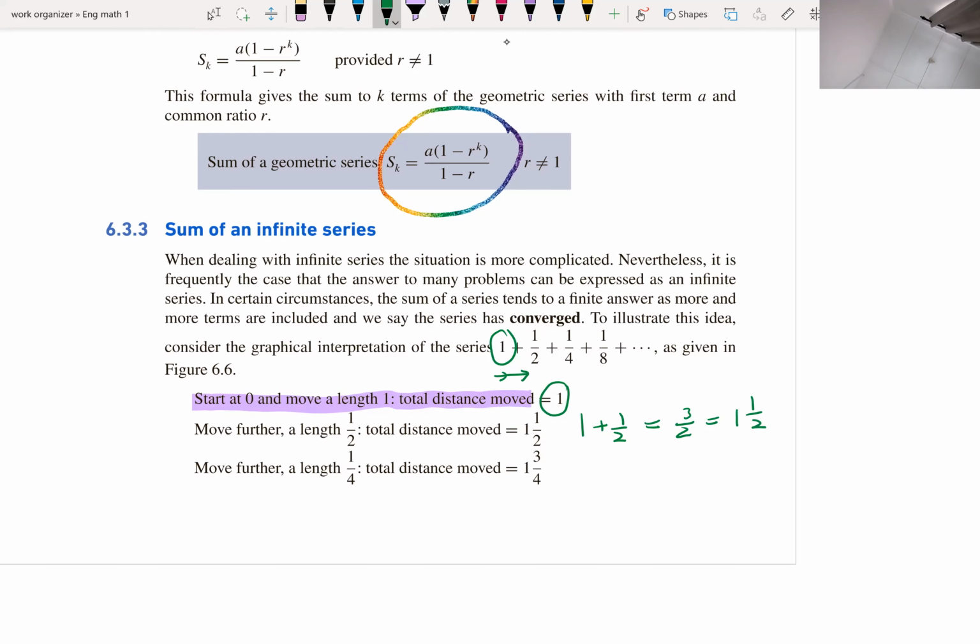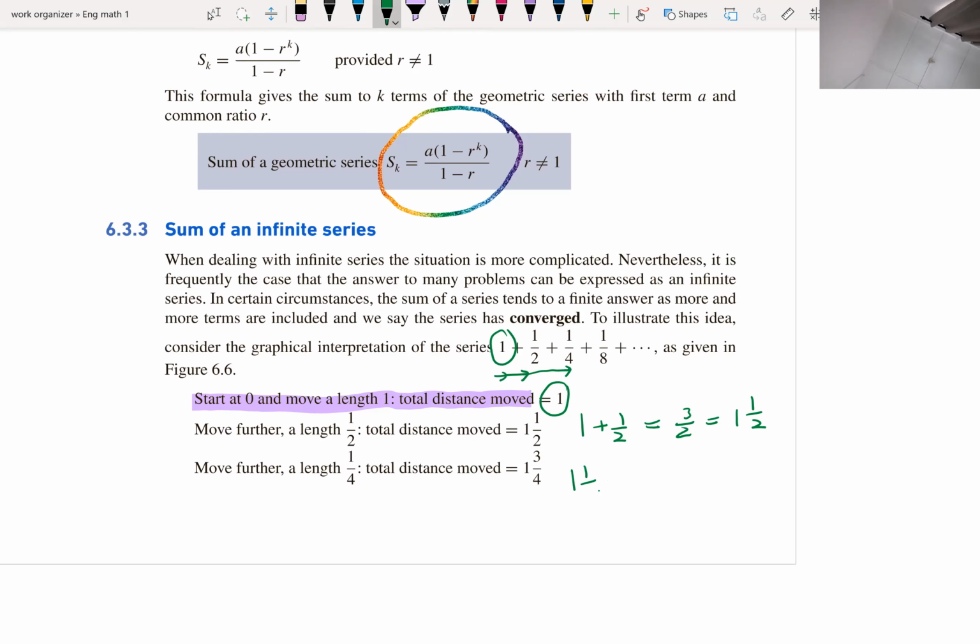Now we are going to continue here until here. So 3/2 plus 1/4. I try not to make you confused.